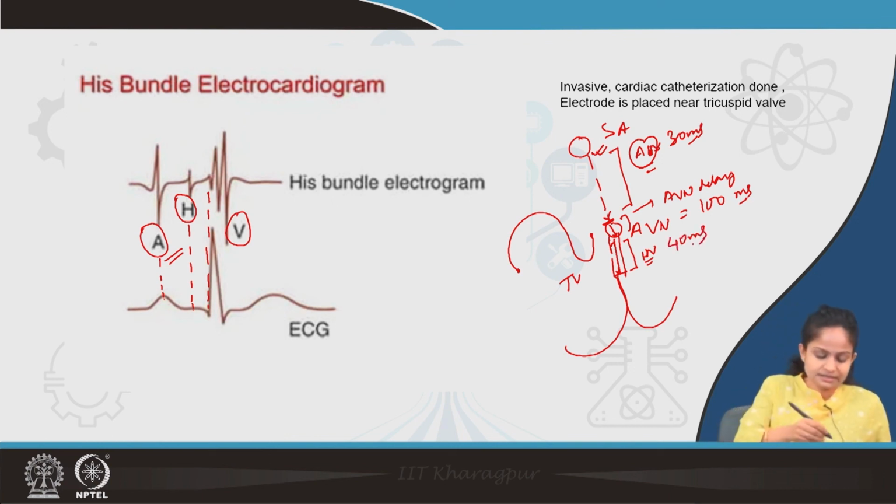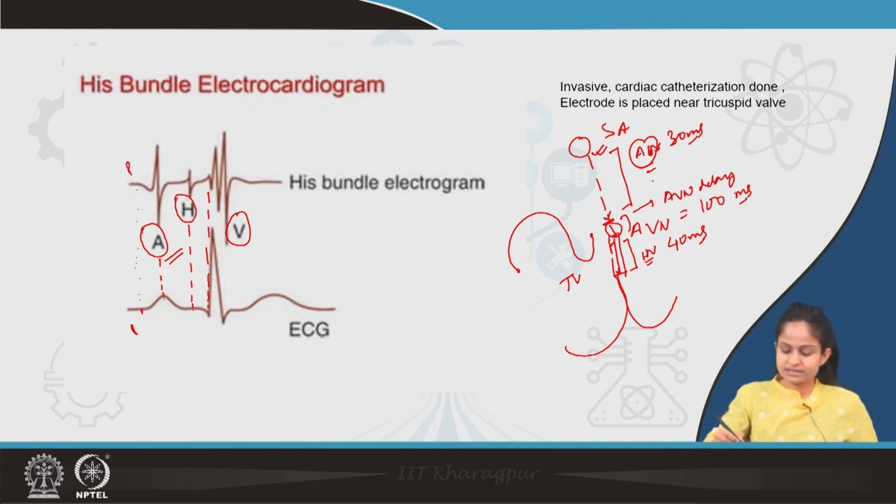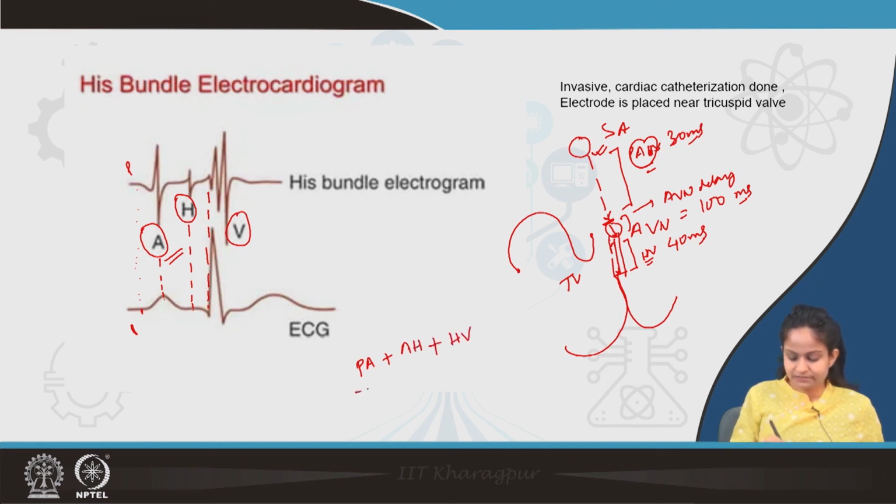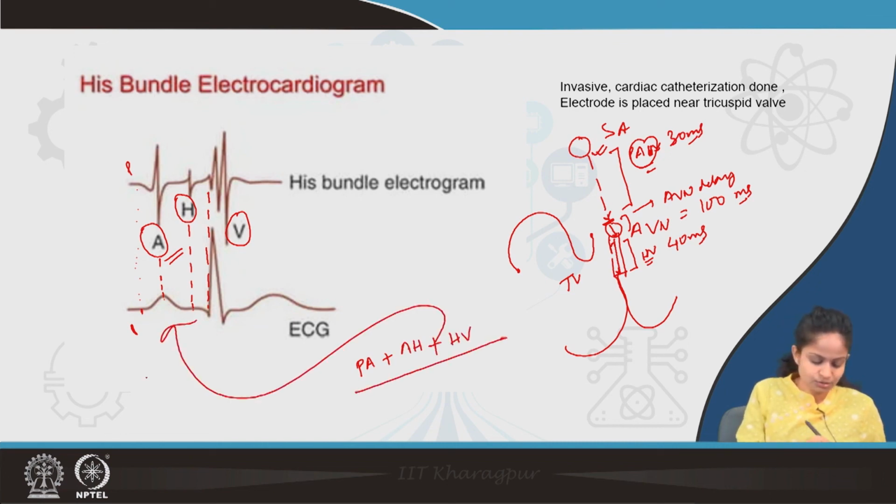If I say the P wave onset, you can see this is the P wave onset. The P wave obviously occurs before the A wave, so this PA interval is 30 milliseconds. This PA interval plus AH interval plus HV interval will give nothing but your PR interval.